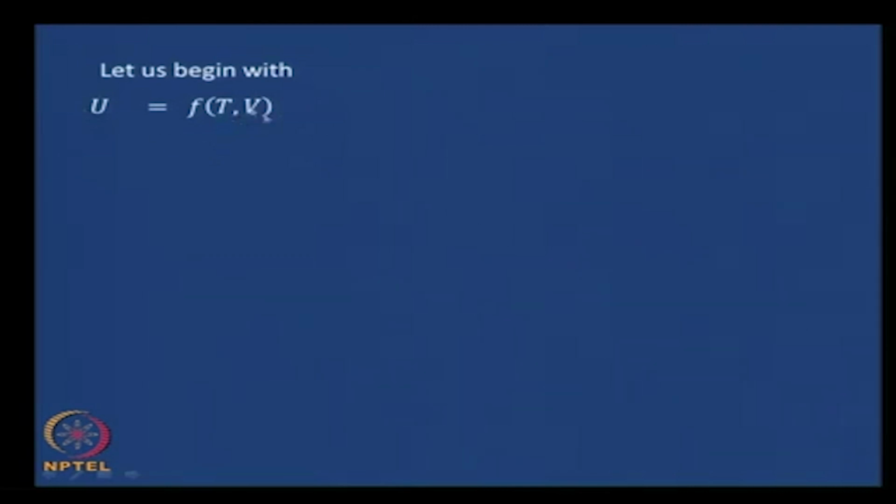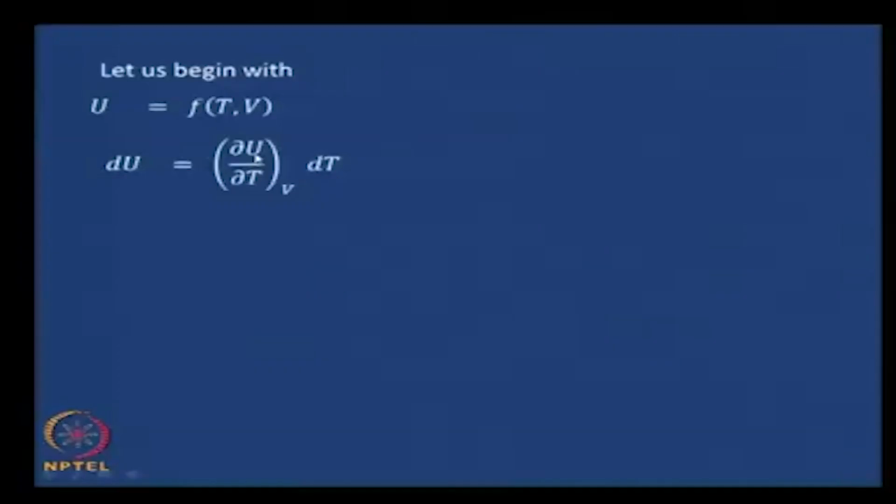This is how we have our data. The total differential du, as you all know, can be written as dou u dou t at constant v dt, since it is a function of t and v, plus dou u dou v at constant t dv. We will call this equation 243.